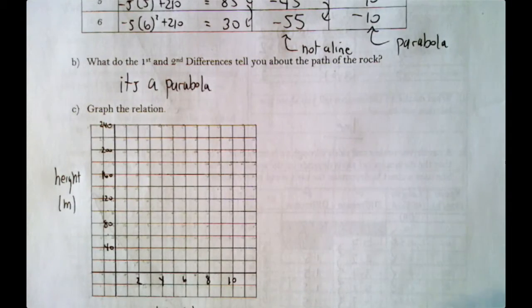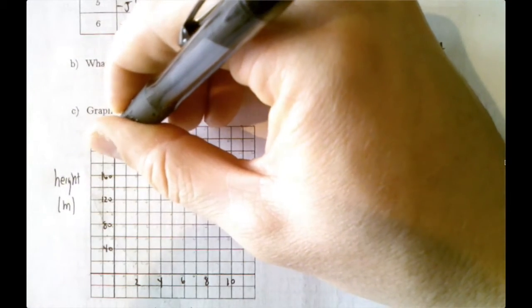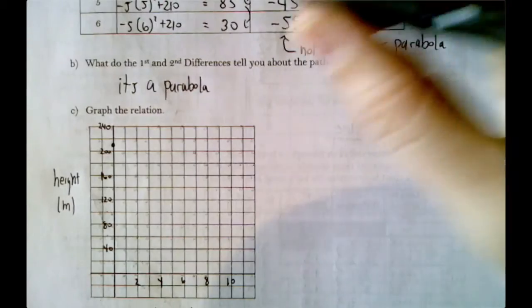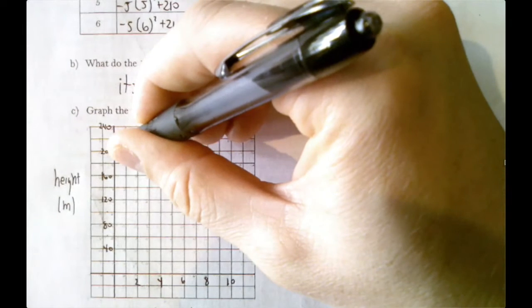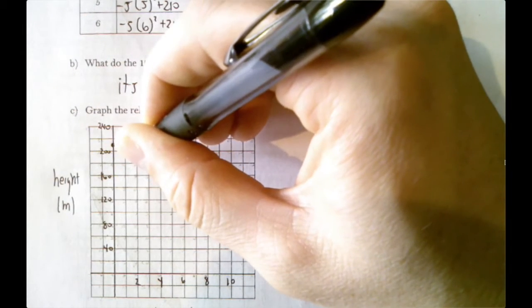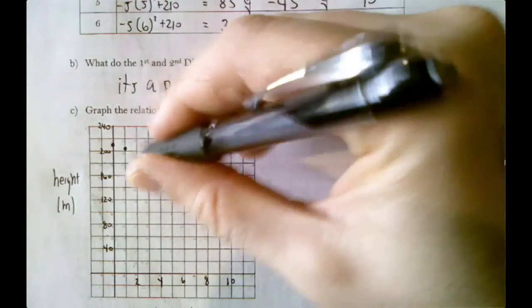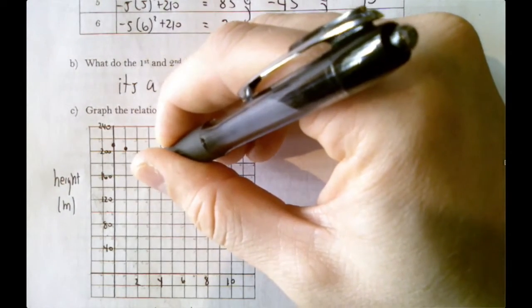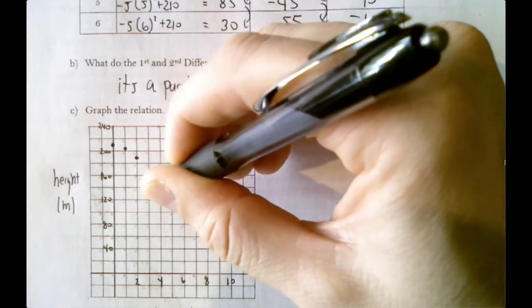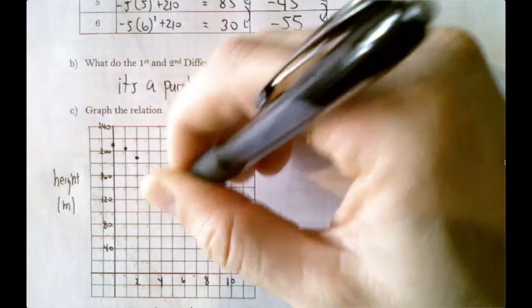And let's graph. 0 gave us 210, so we start all the way up here. And 1 gave us 205. And then we got 190. 3 gave us 165. 4 gave us 130. 5 gave us 85.